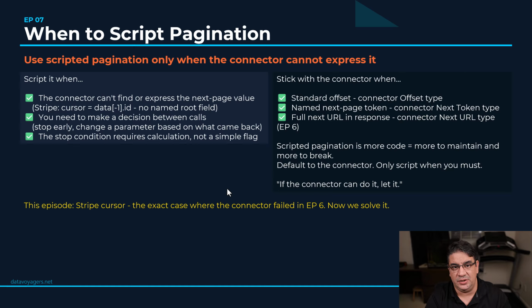Sometimes the data connection is not easy to figure out, especially for offsets and other kinds of pagination. It may be possible, but if you get stuck and have no clue how to do it in the data connection, you can also go to the load script.